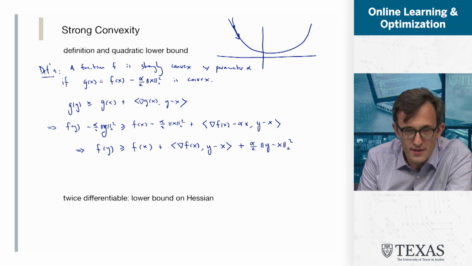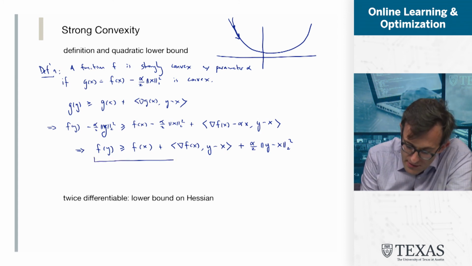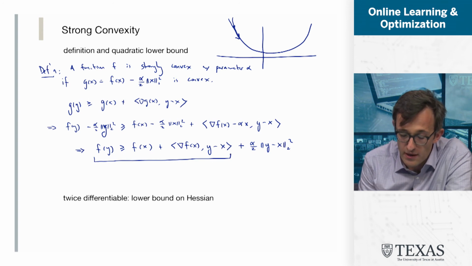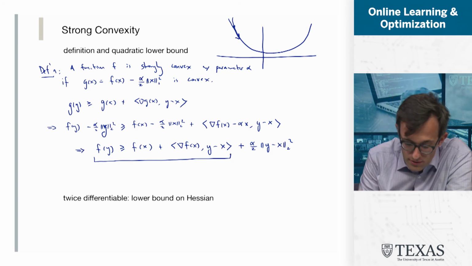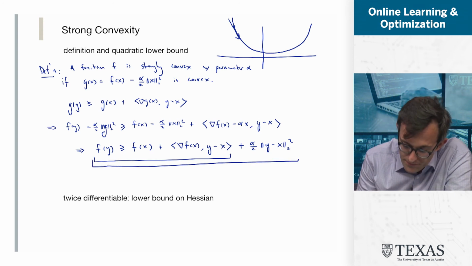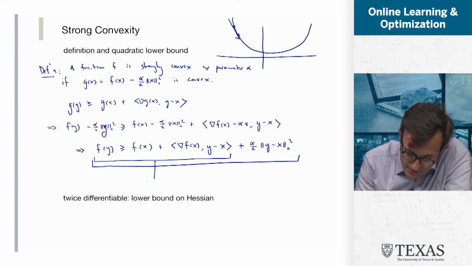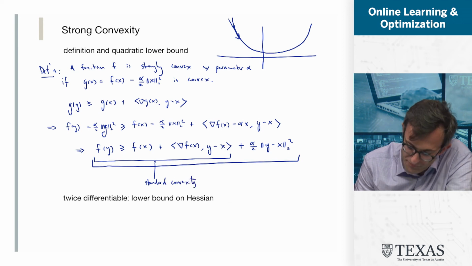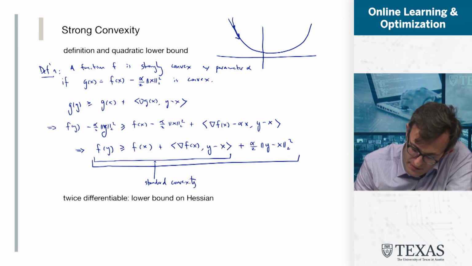So what does this tell me? This is the standard definition of convexity, and strong convexity adds this term.